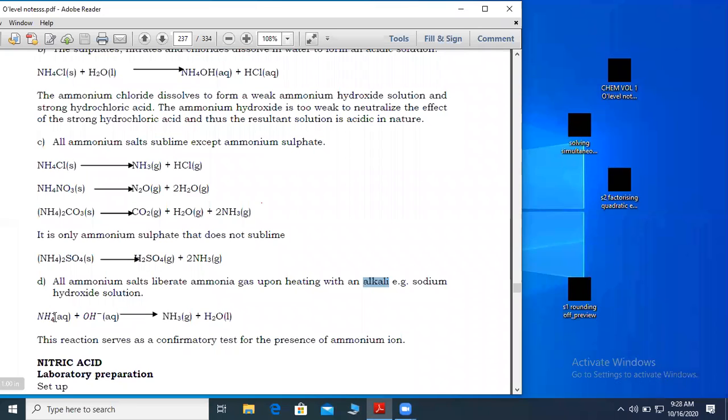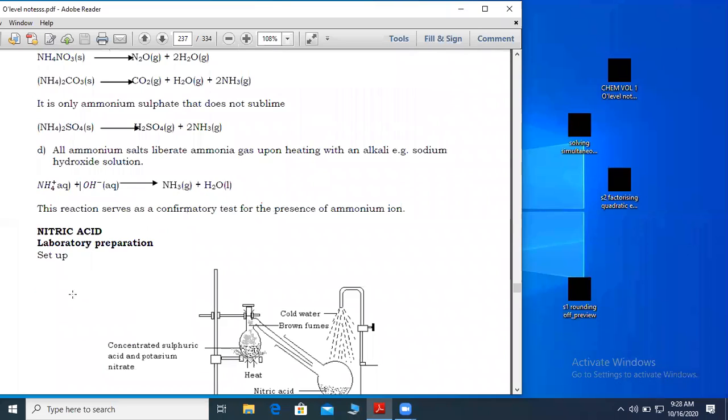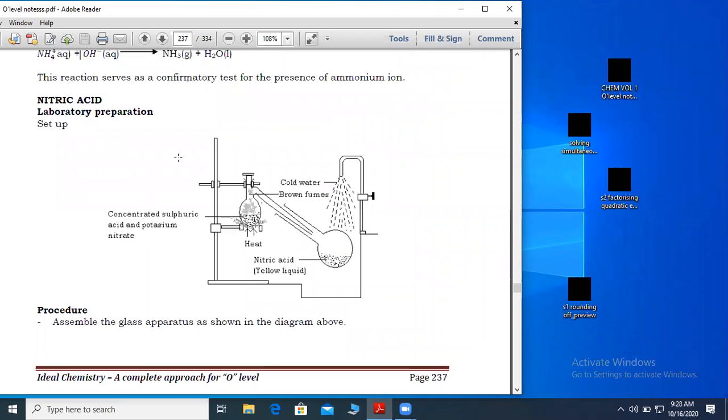And this is the ionic equation leading to the formation of ammonia gas. So in our ionic equation, we have ammonium ions plus hydroxide ions. The product is ammonia gas plus water. So let us now put our attention on this.